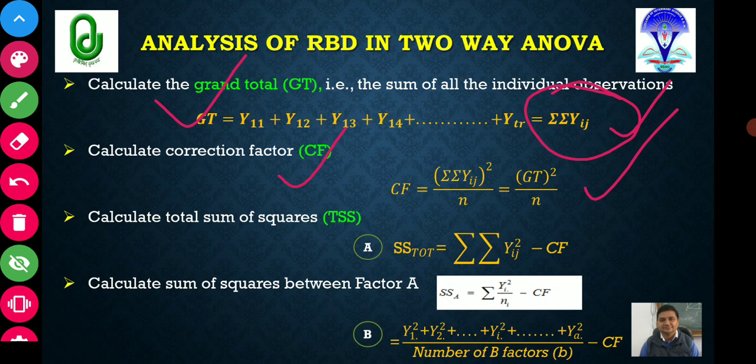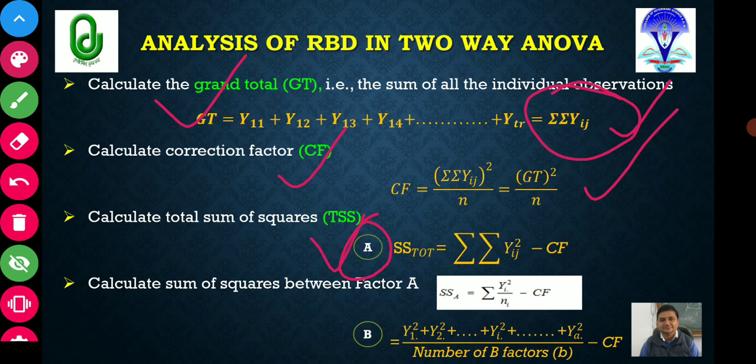Now you have to find the total sum of squares. We have already calculated the total sum of squares when I was discussing CRD. Here I have kept it as A, because there are many factors. There will be two-way classification. That is why handling without notation will be difficult. In the end I will show you the preparation of the ANOVA table, and there this notation will be helpful.